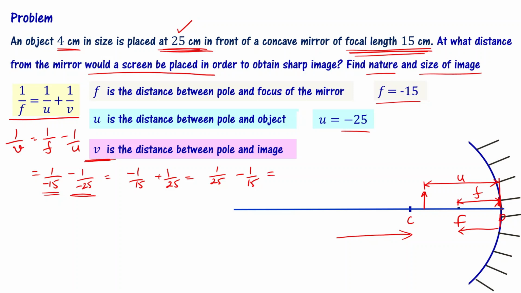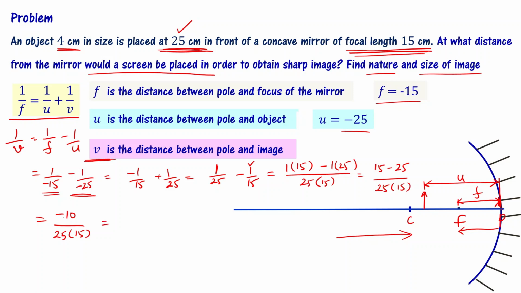Then to simplify, for the denominator I am going to multiply 25 and 15, right? What does the numerator become? 1 into 15 minus 1 into 25, right? Now this can be written as 15 minus 25 divided by 25 into 15. Let me simplify that further. This is going to be minus 10 divided by 25 into 15.